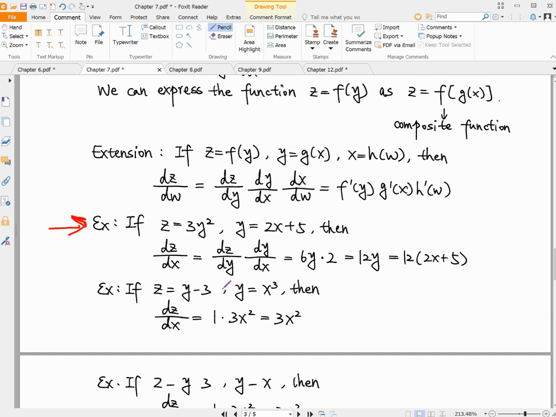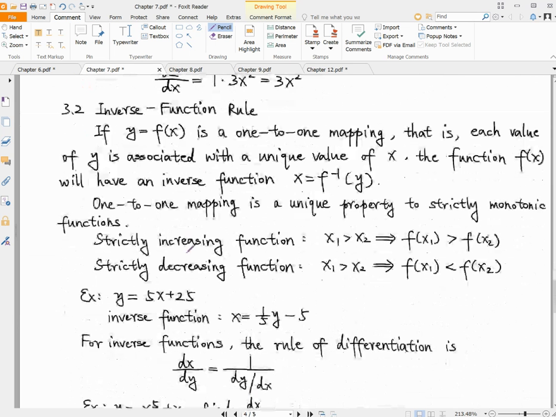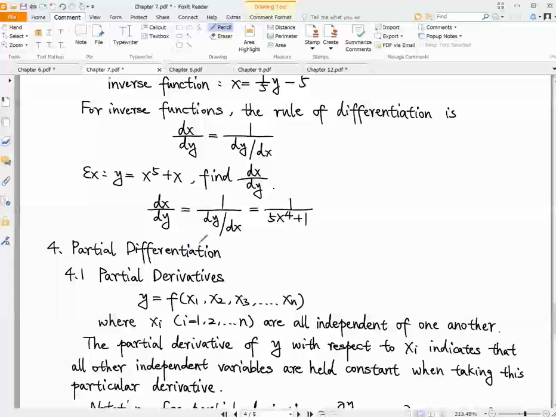This is everything about the chain rule. If you know how to find the answer from this example, then you know everything about the chain rule. Okay, so here comes the inverse function.